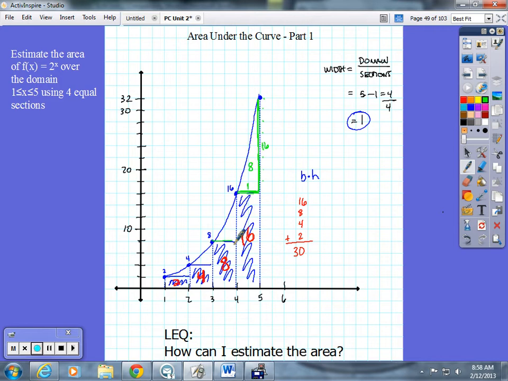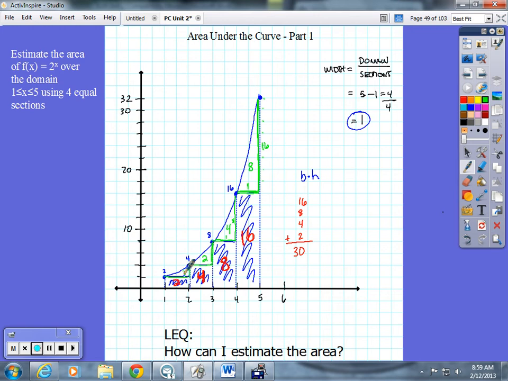Here, with the base of 1, height of 2, 4, 6, 8. So 1 times 8, half of that is 4. Here the base is 1, the height is 4, 2, 4. So 4 times 1 is 4, half of that is 2. And then last, half of 2, so that's 1.